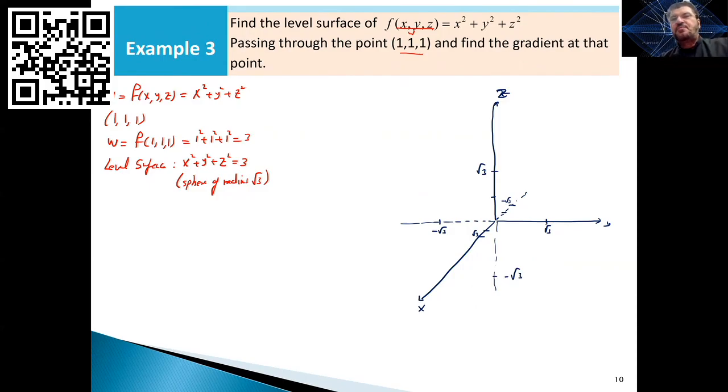Now, first, I'm going to graph this circle in the xy plane. Then I'm going to graph this circle between z and x. And come the one in the back.